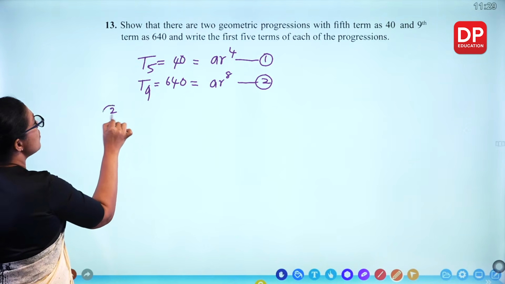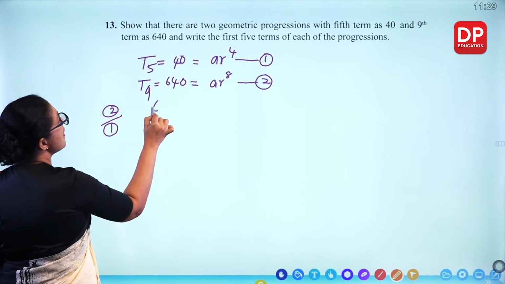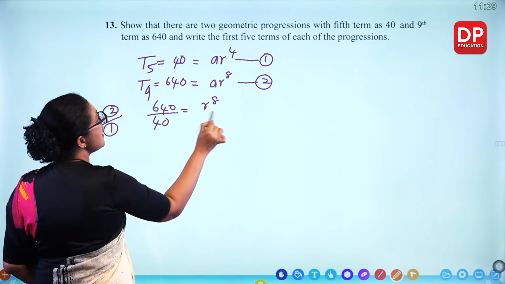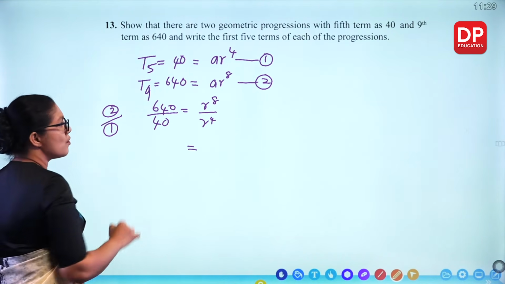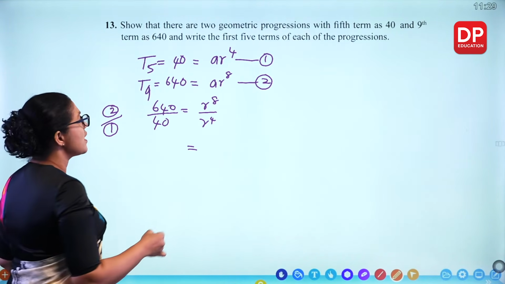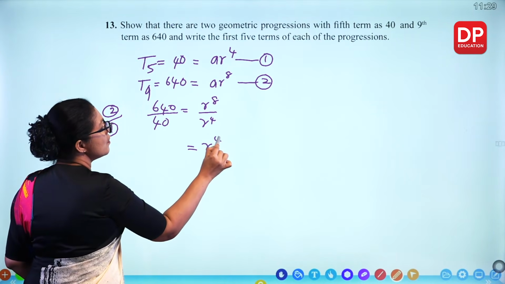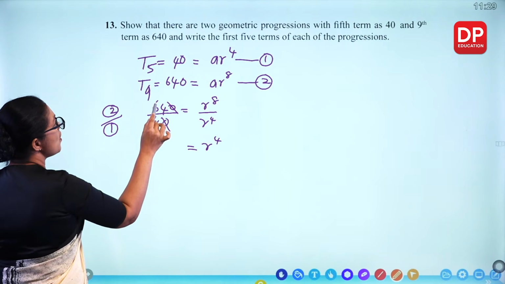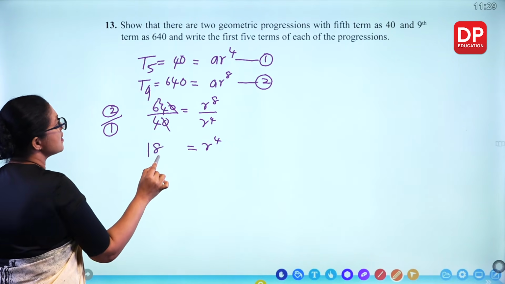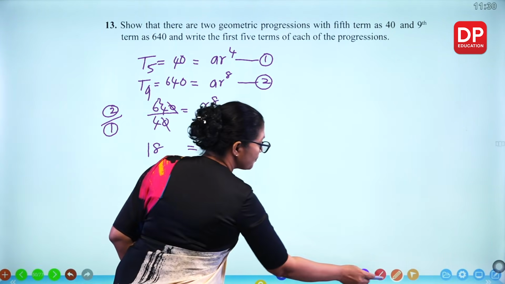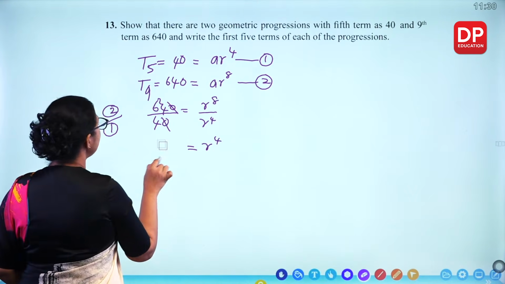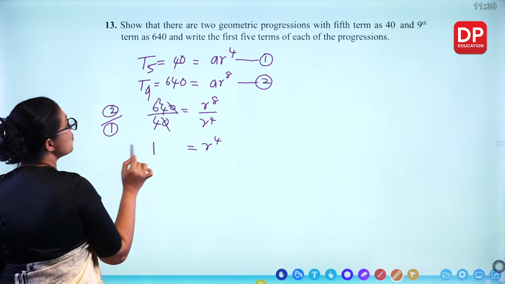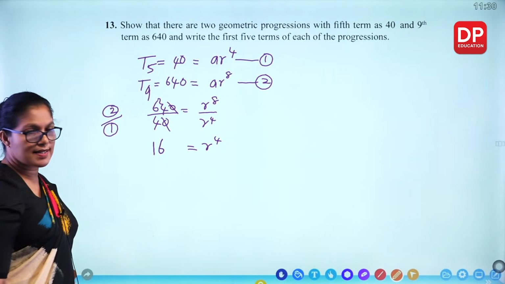When you divide 2 by 1, 640 divided by 40, you get r to the power 8 over r to the power 4. Same base, different powers, you can subtract. 8 minus 4, you get 4. Here, what do you get? 640 divided by 40 is 16.